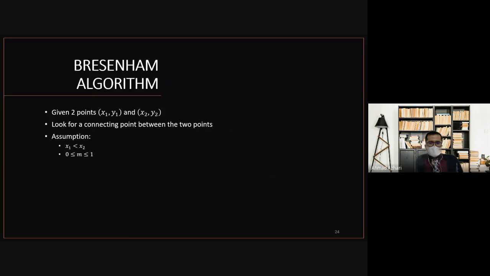If I give you 2 points, x1, y1 and x2, y2, it looks for connecting points between the 2 points. The assumption is that x1 is less than x2, and the slope is between 0 and 1.